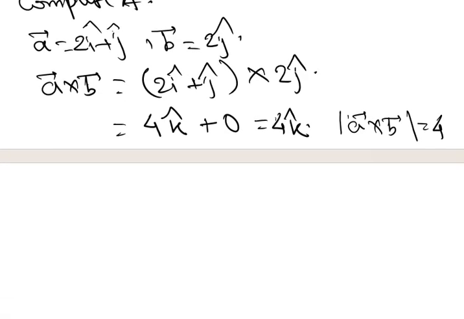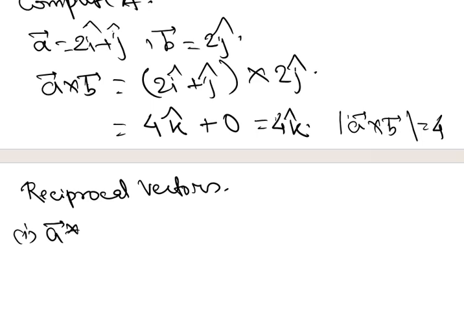Now we compute the reciprocal vectors. We can write a star = 2 pi by A times (b cross z cap).